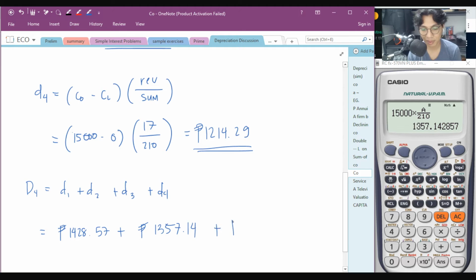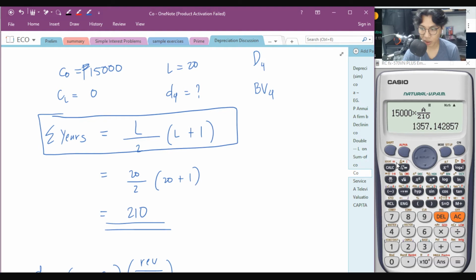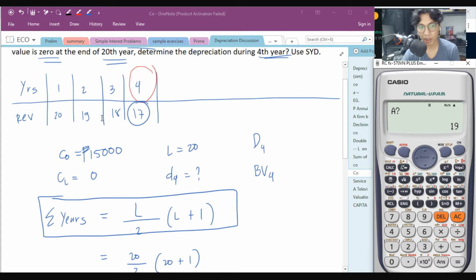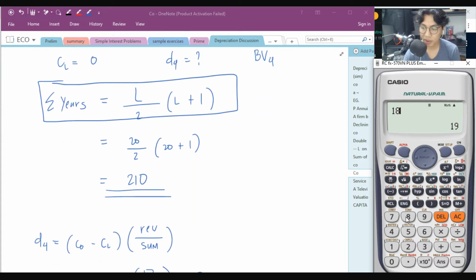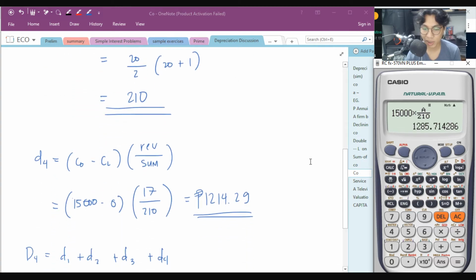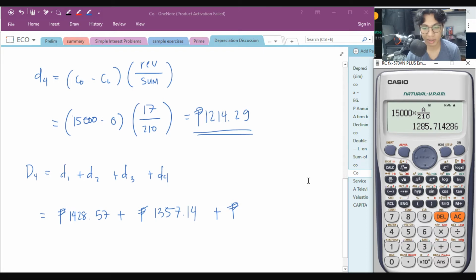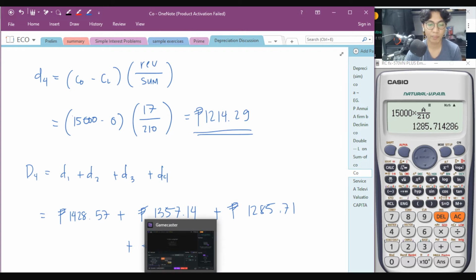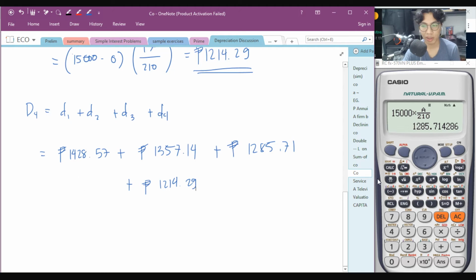Plus D3, the value here is 18: 1285.71. Plus the value we got, 1214.29, that is D4.